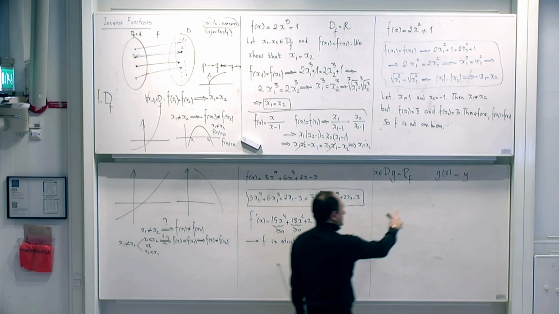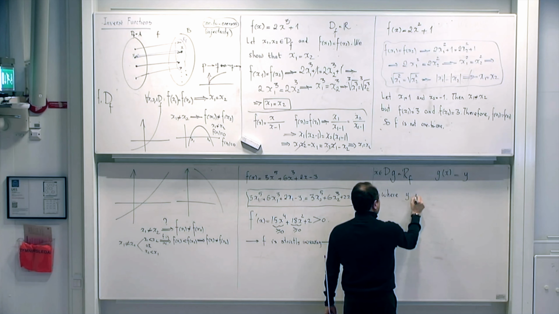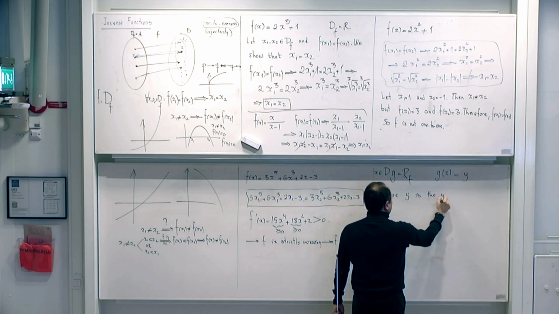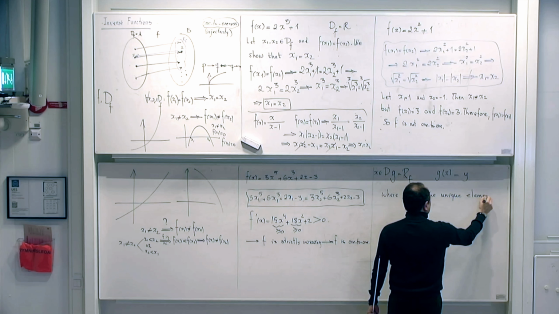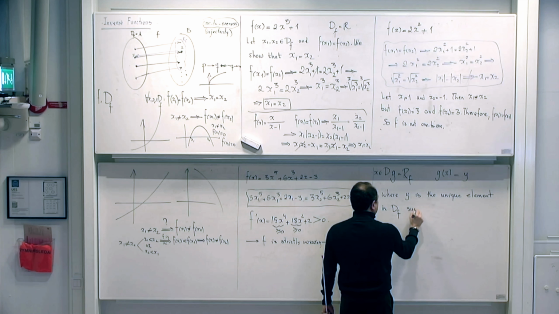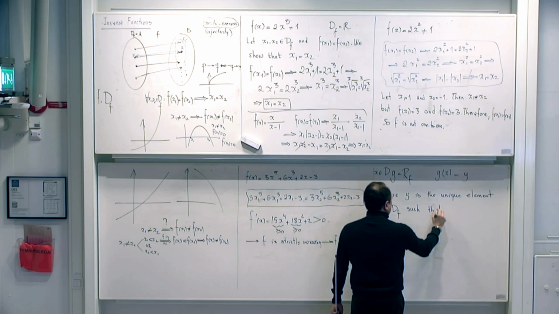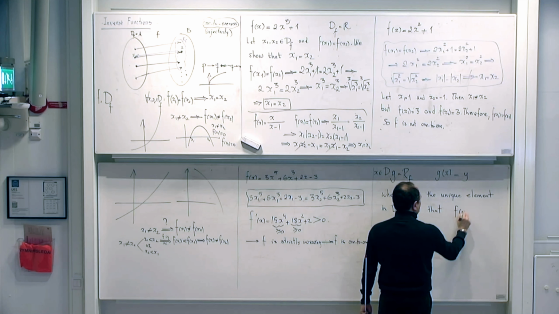So g of x is y, where y is the unique element in the domain of f such that f of y is x.